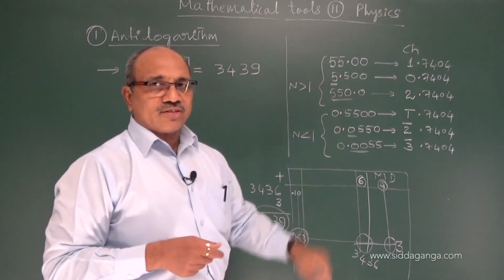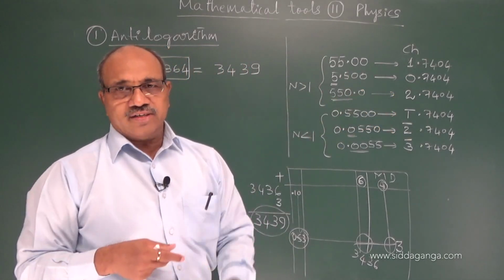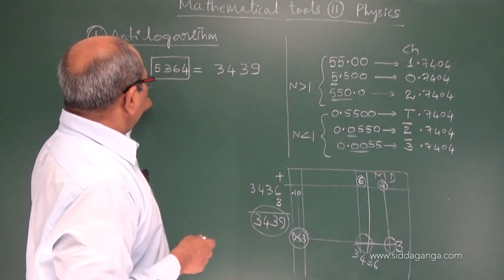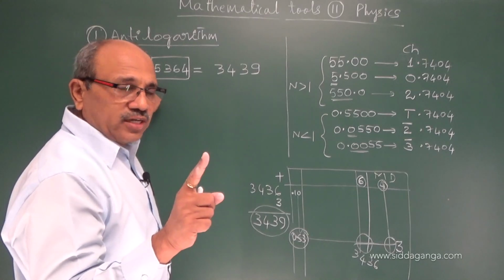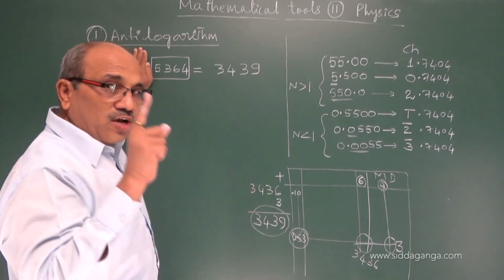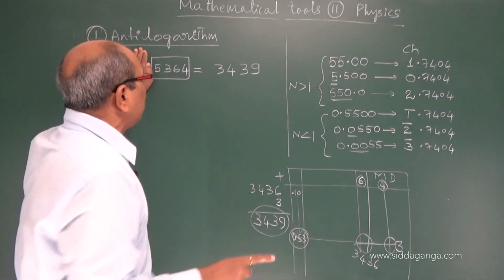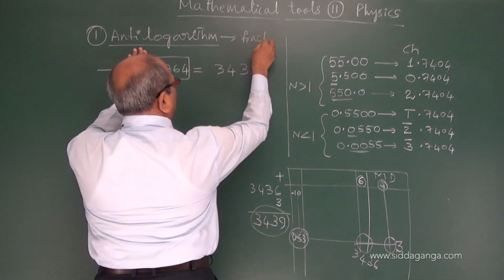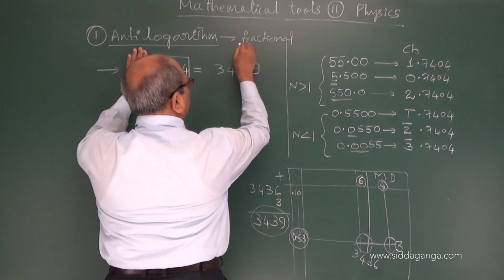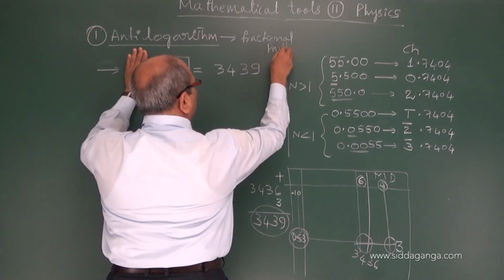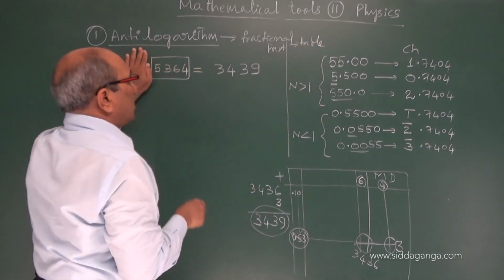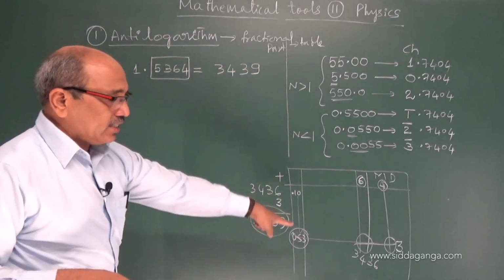Now reverse the process, it is the inverse. For the anti-logarithm you only look at the fractional part in the table. You see the table and get the value as I explained.